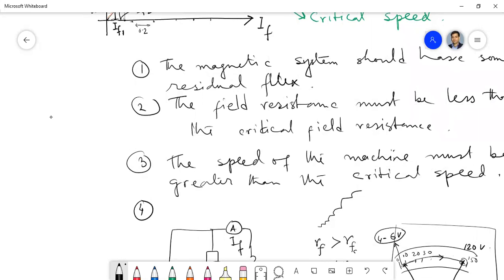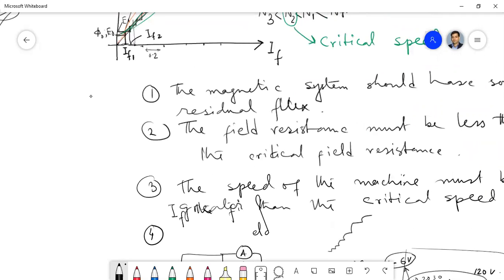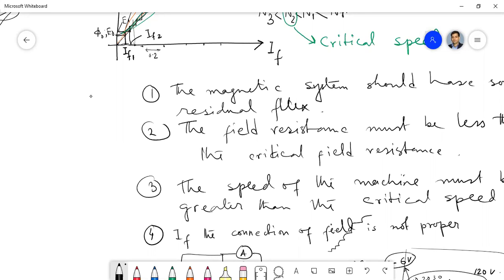If the connection of the field is not proper, that means what?